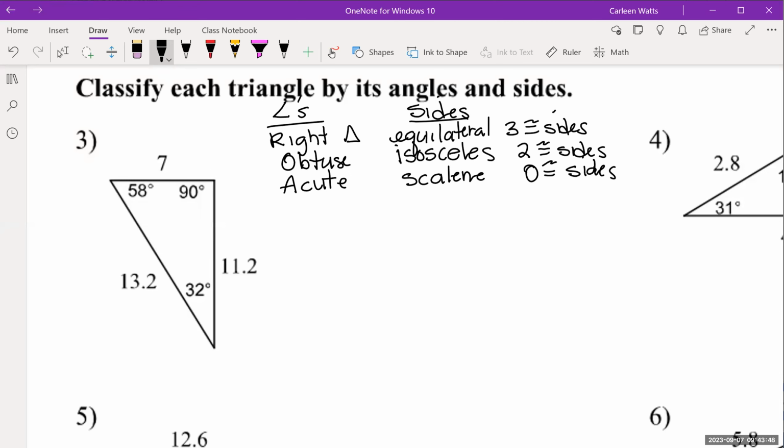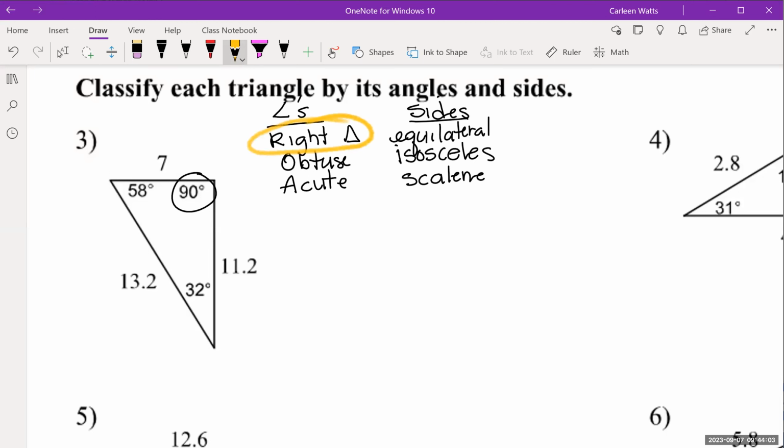Anyway, I'm going to erase this because it's a little cluttered. So I see a 90-degree angle. So we have right, and no equal sides. Scalene, right scalene.